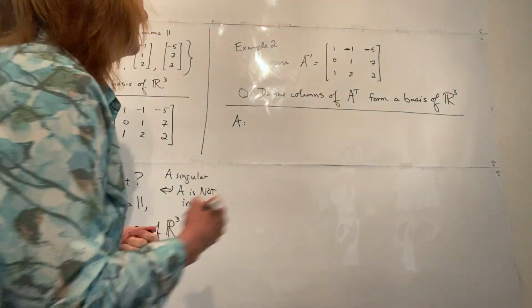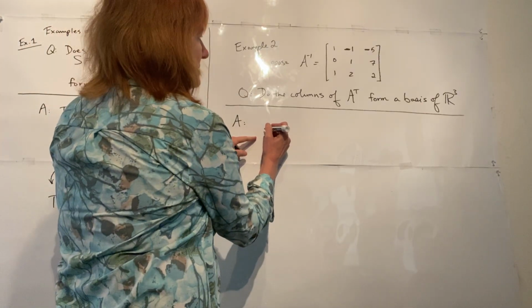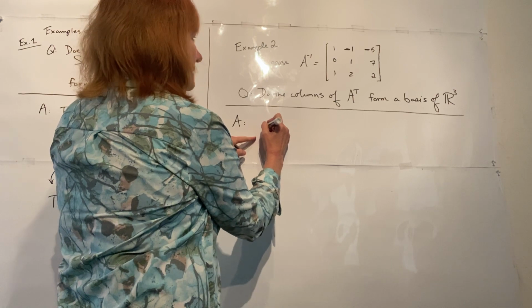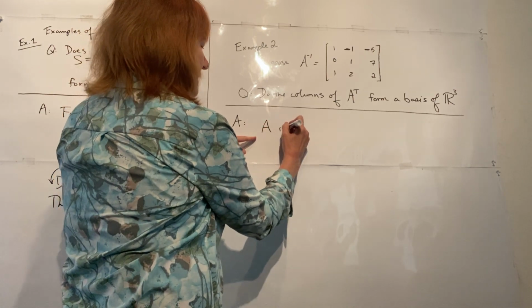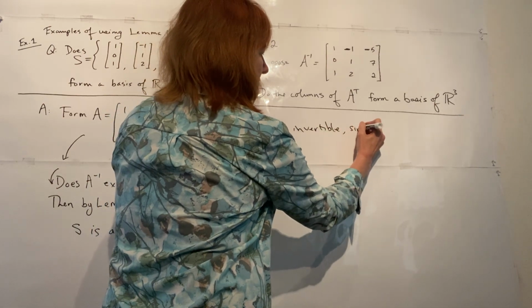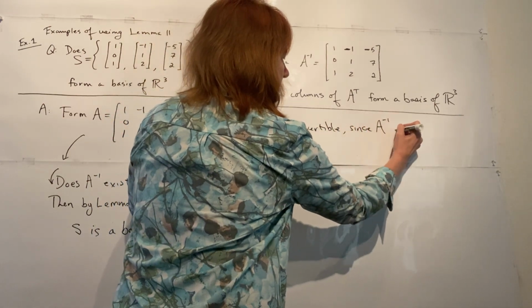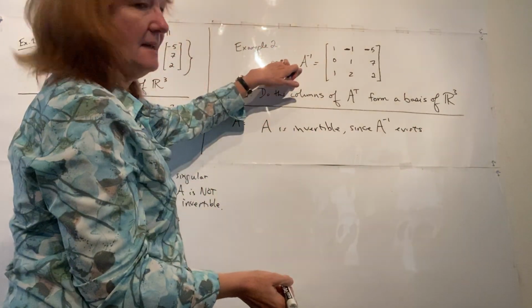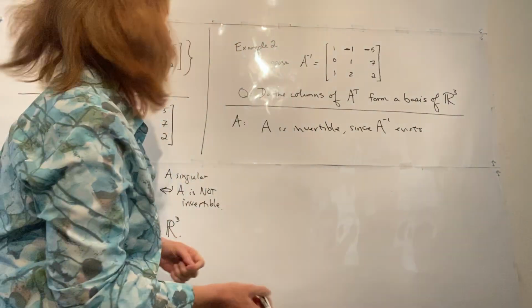So, do you remember all your lemmas, right? What do we have here? Well, let's see. A is invertible since A inverse exists, right? That's what it means to say the inverse exists, it's invertible.